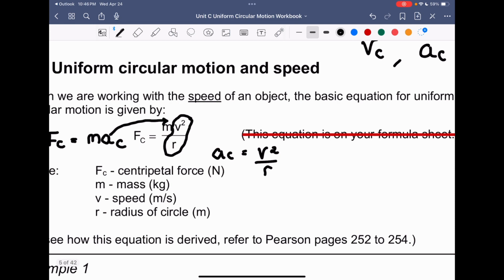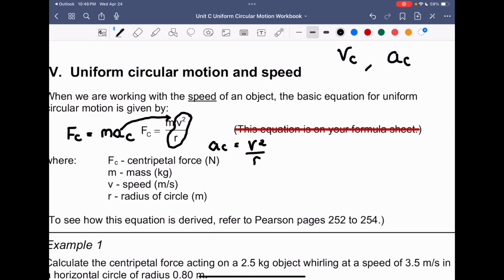And that's why I said cross out that this equation is on your formula sheet. No, this specific equation isn't on your formula sheet. But what we do have on our formula sheet is mass times acceleration. We just now need to classify it under this new mass times the centripetal acceleration rather than just basic acceleration from the previous unit.